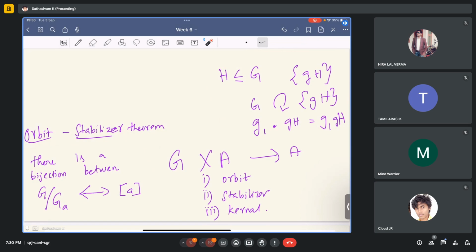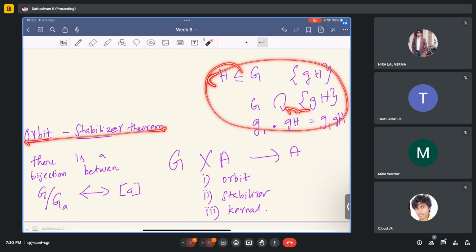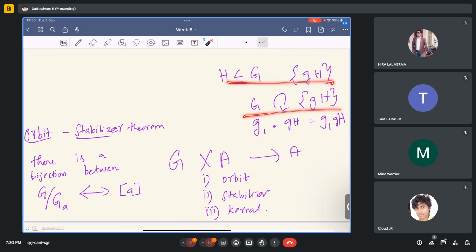So in that sense, you can directly see why the orbit stabilizer theorem is a big theorem, because the Lagrange theorem, which is very useful if you remember, is just a corollary of the orbit stabilizer theorem for a particular set and a particular action. But you can change the set here, you can change the action here.